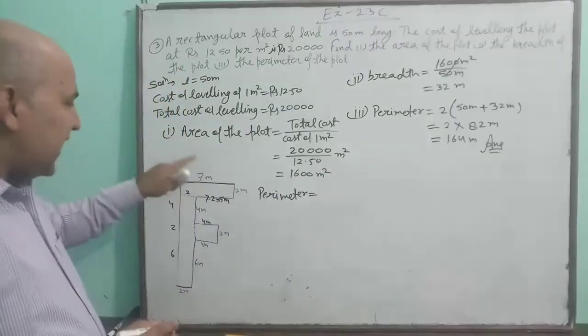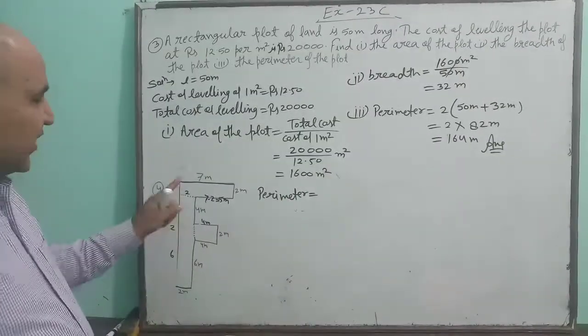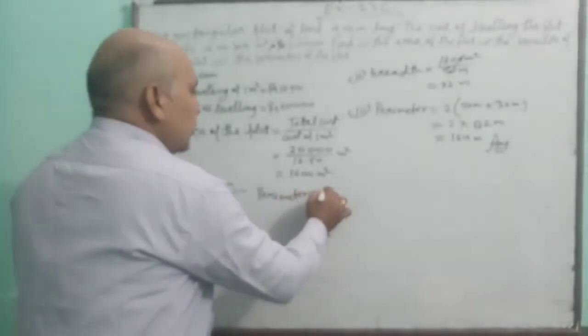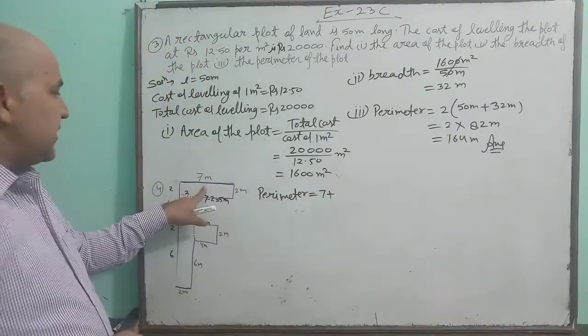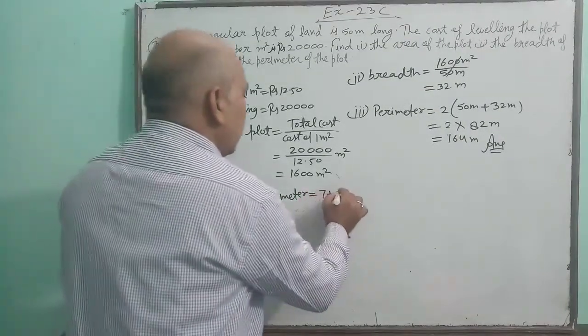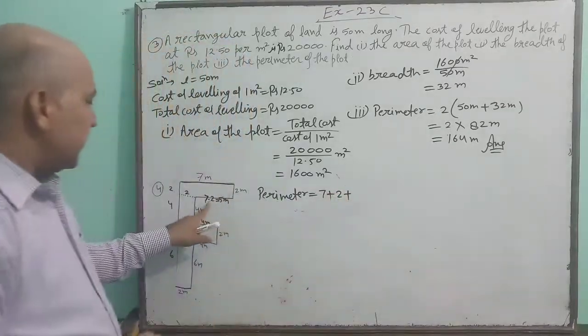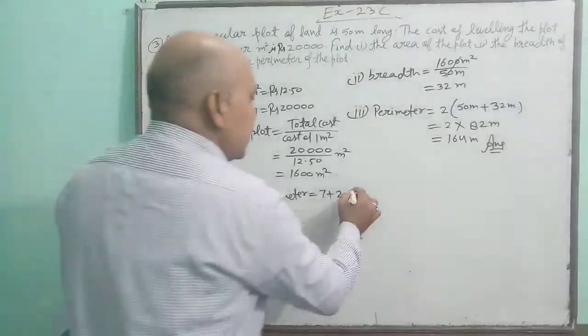So how will you find the perimeter here? Perimeter means length of all the sides. Start from here so that there will be no confusion. 7 plus 2 plus this portion is 7 minus 2.